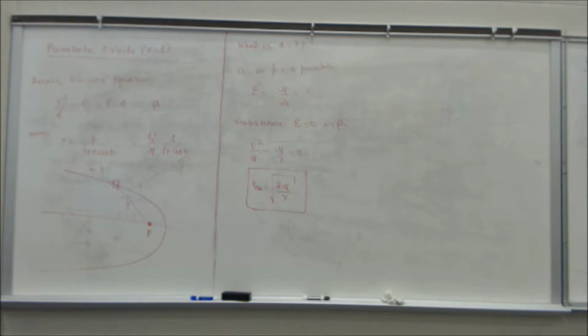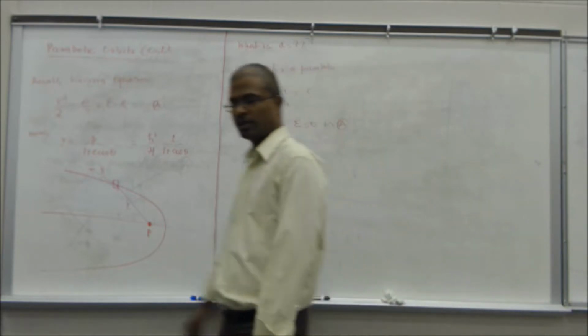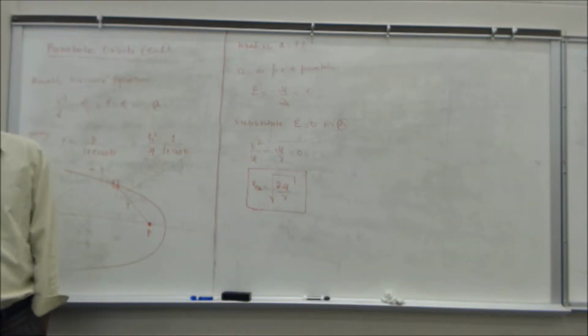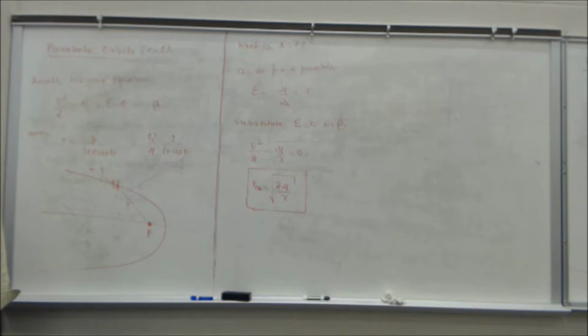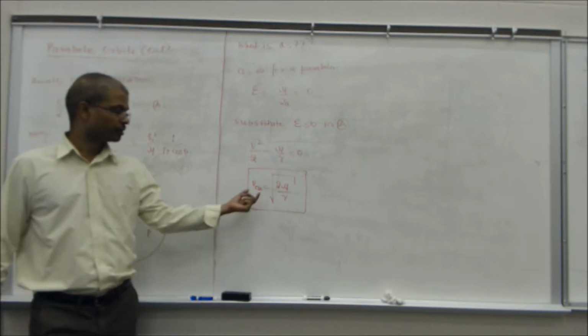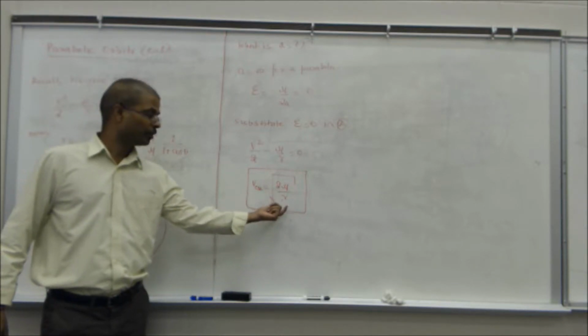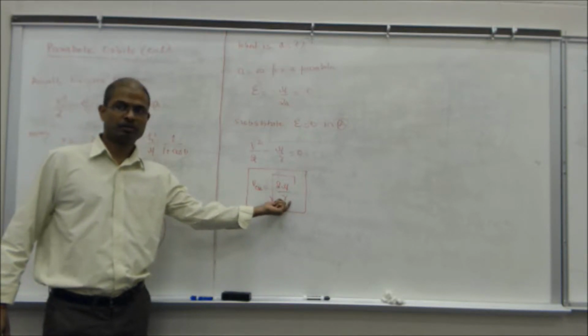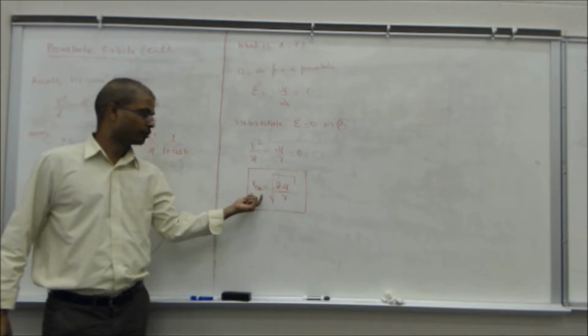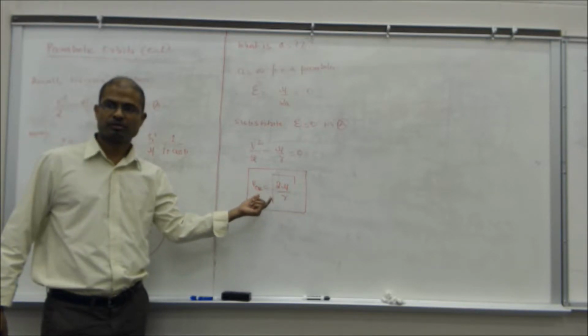If you want to go to another planet, if you want to go to, let's say, the moon, you have to first escape the gravitational pull of Earth. And the least velocity you will need to escape is defined by this. Depending on where you are, the escape velocity should at least be this at that point.